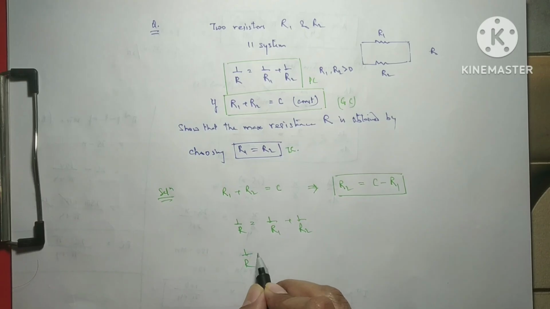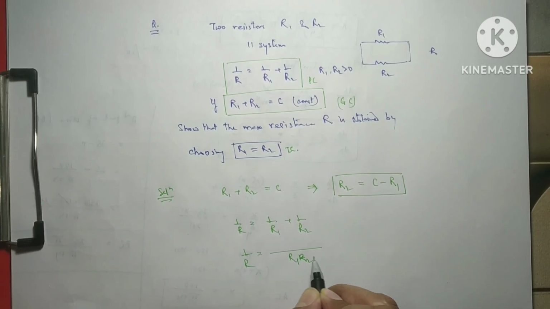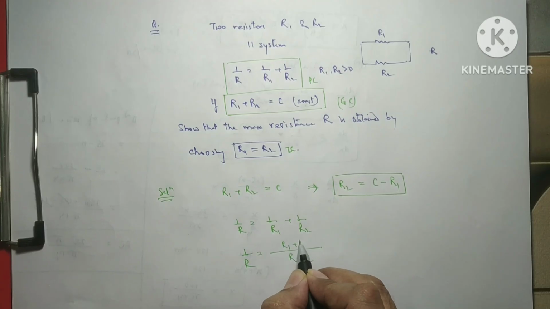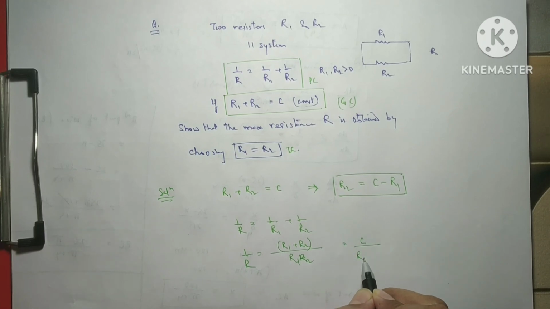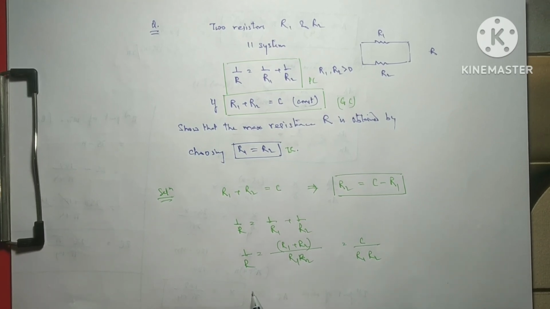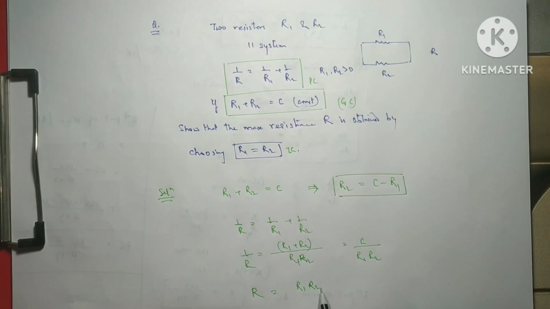On taking LCM, and putting this value, it is C over R1 R2. So R equals R1 into R2 over C.